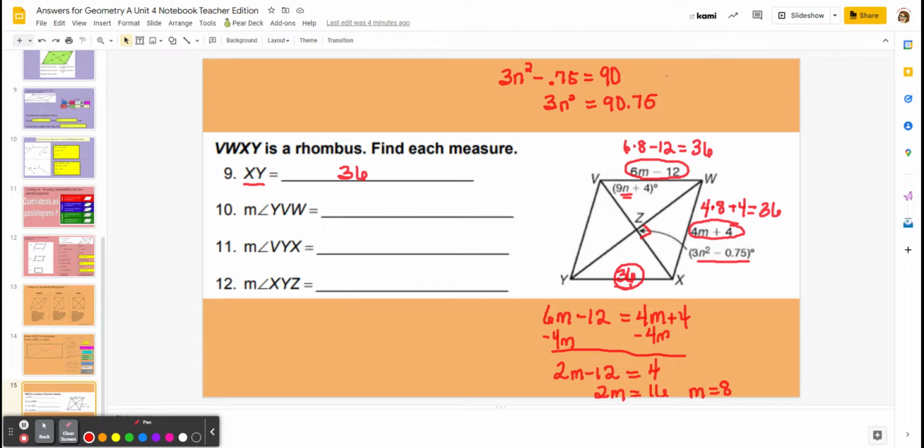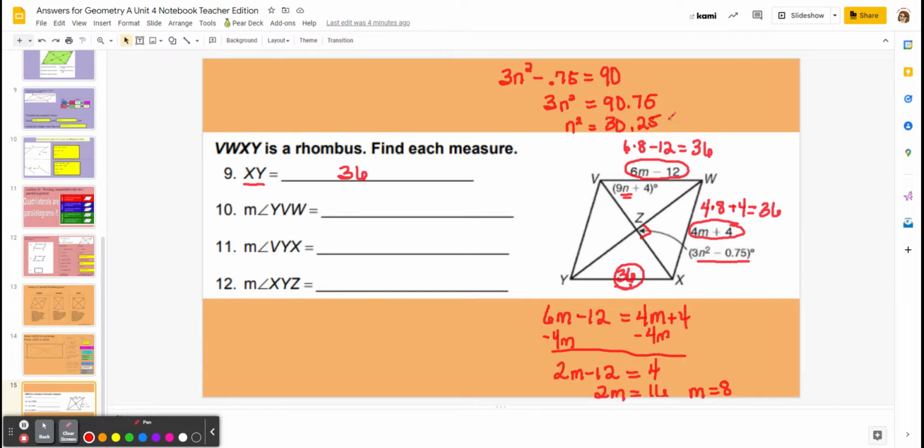I use my handy dandy calculator because I don't trust my brain. 90.75 divided by 3 tells me n squared is 30.25.